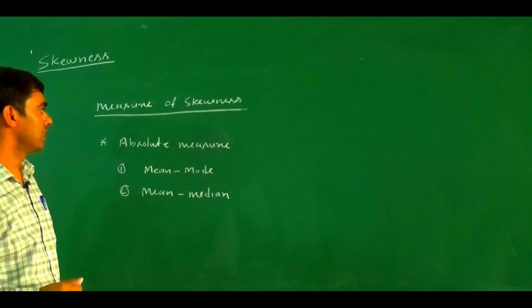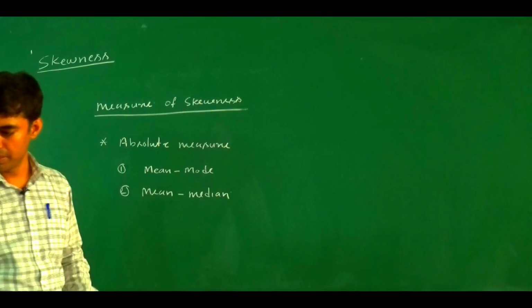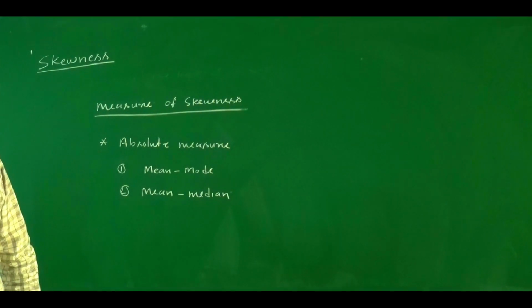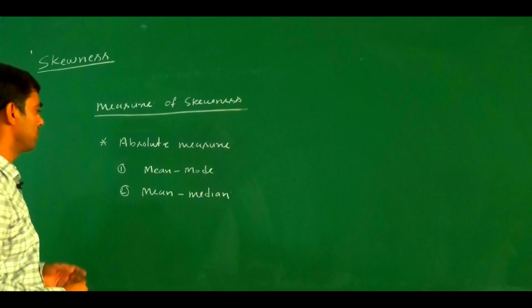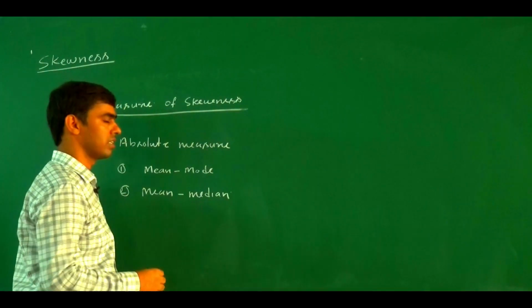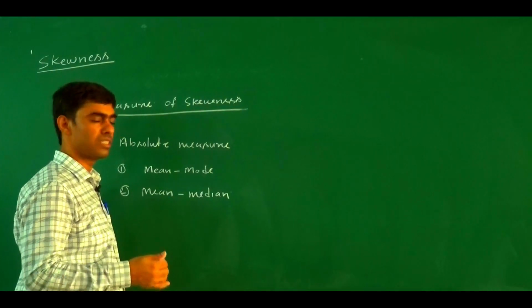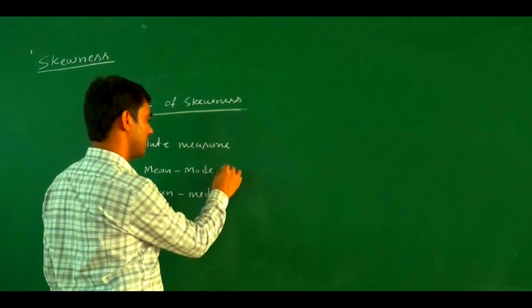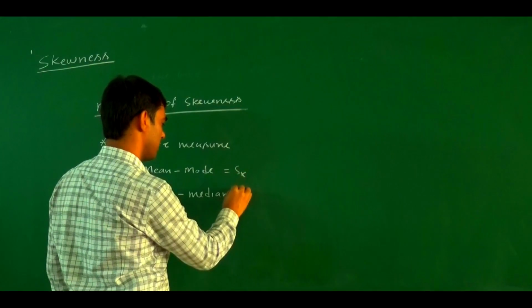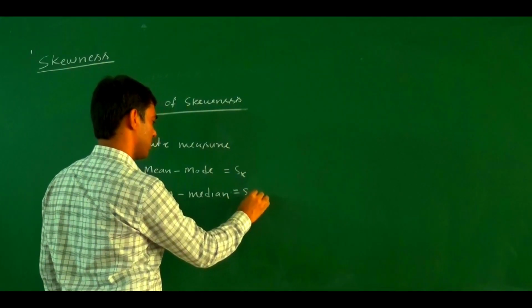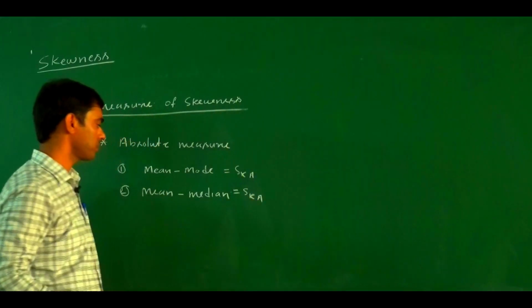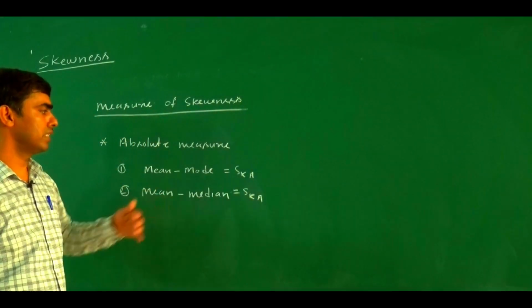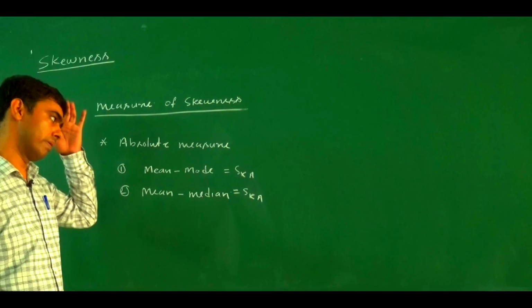These are the absolute measures of skewness. What is the standard notation? The absolute measure of skewness is also denoted by SK. So mean minus median is also an absolute measure.